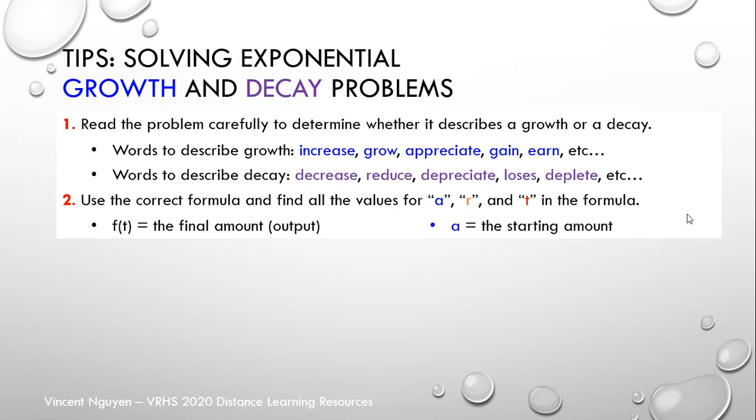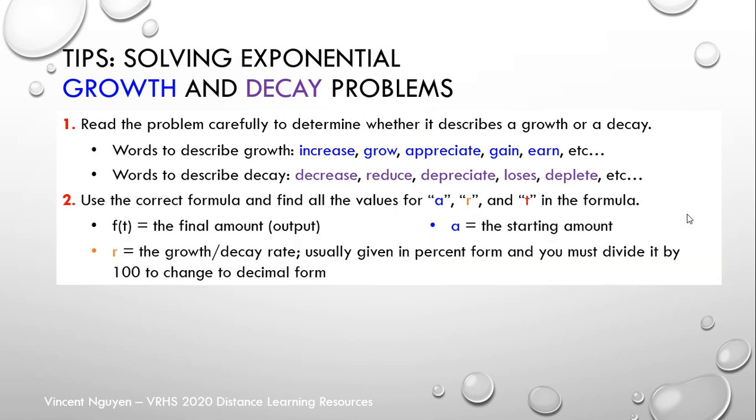A is the starting amount given in the problem. R is the rate. If it's growth, they give you the growth rate. If it's decay, it's a decay rate. Just make sure you divide it by 100 because it's usually given to you in percent form, to change it to decimal.